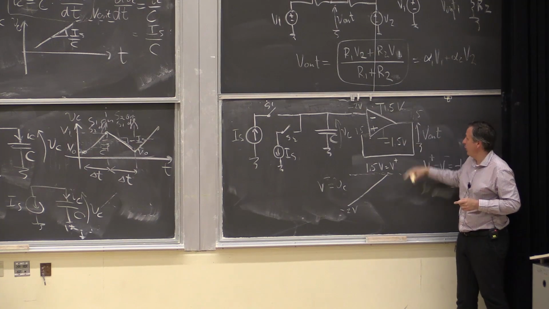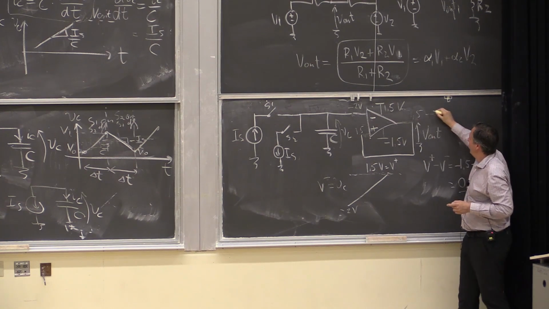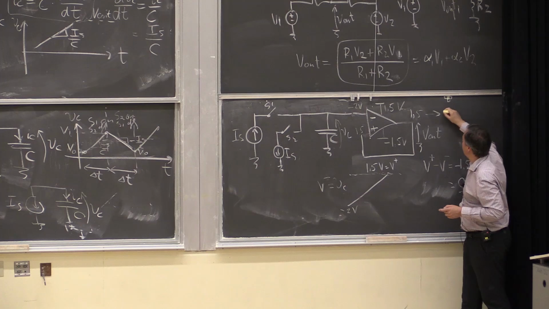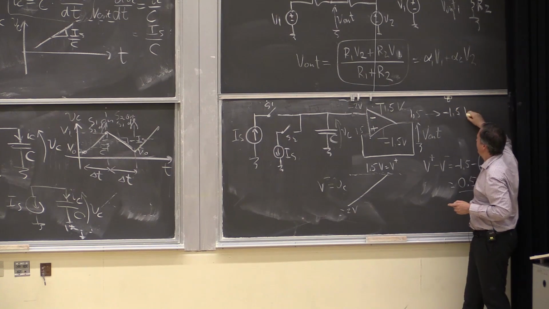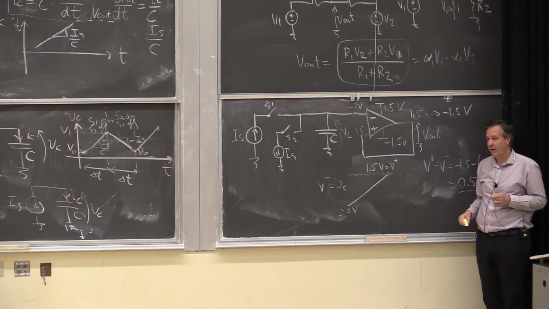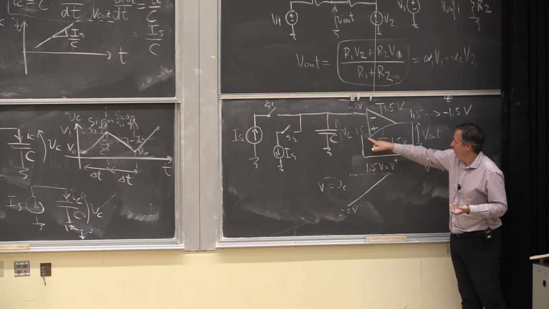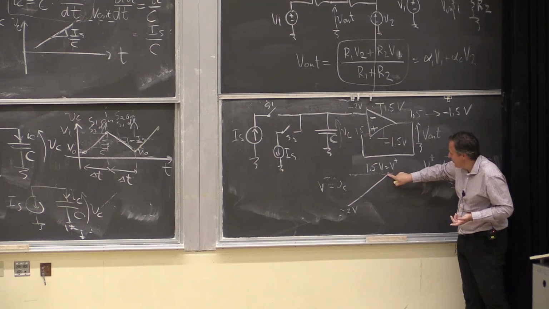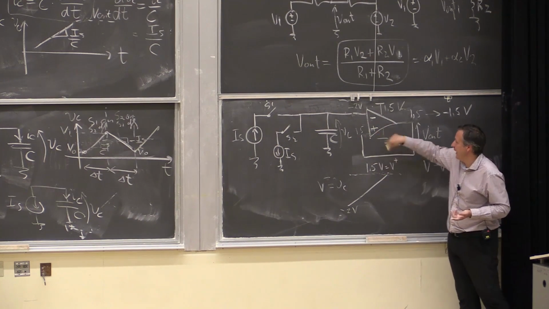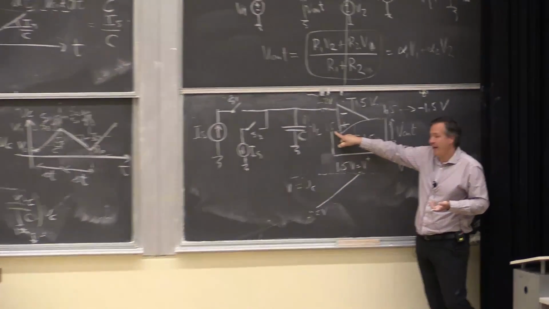So the output will now go from 1.5 to minus 1.5. Okay? So what happens in that case? Just as we went a little bit above, the output flipped, and this is now minus 1.5.